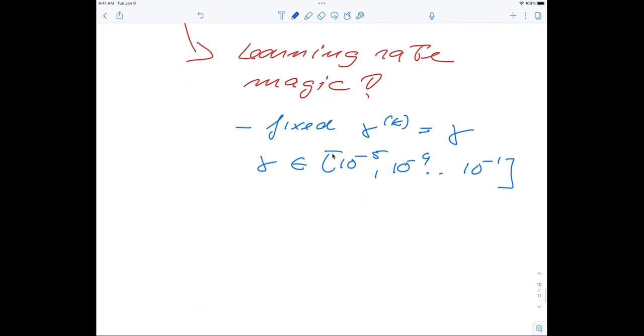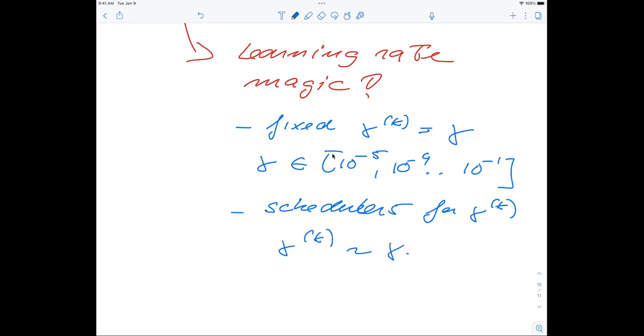But then you have what are normally called schedulers, schedulers for gamma of k. So what you could have is your gamma of k, a very typical one is that it goes like an exponential. You have a gamma 0, which you start with, which could come from this list, which you have on the line before.